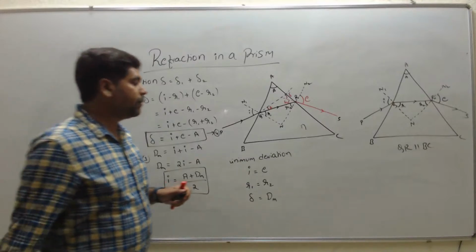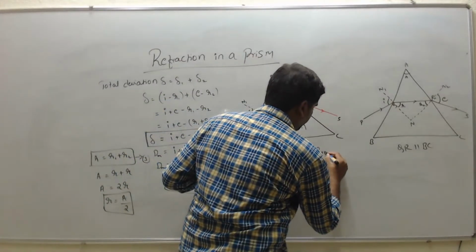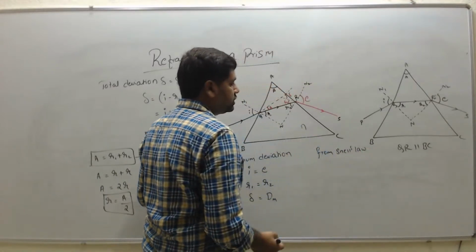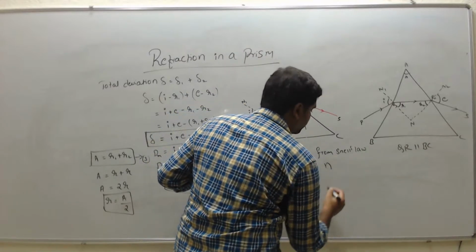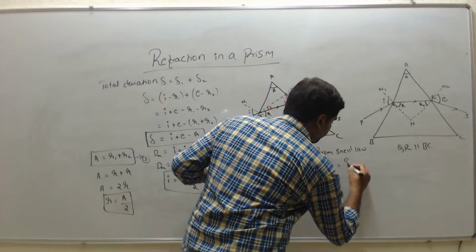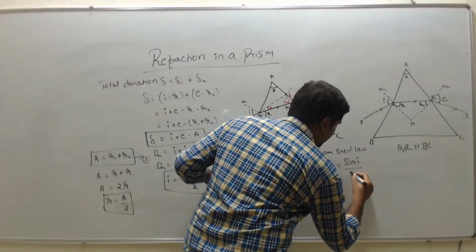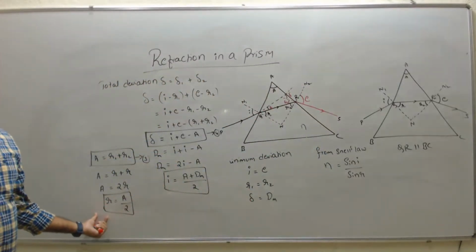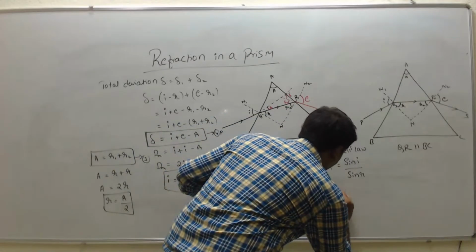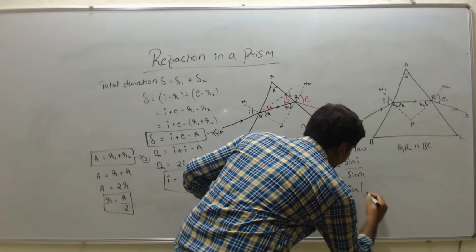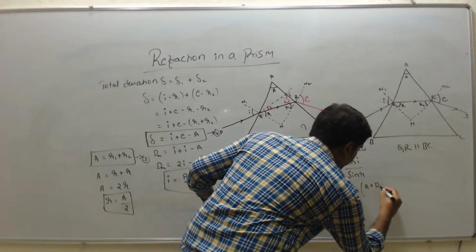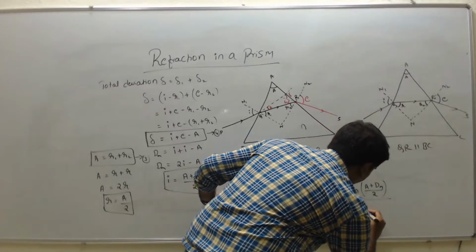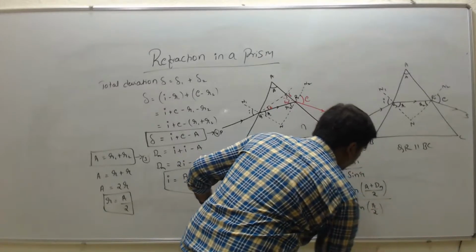Then from Snell's law, refractive index of the medium is equal to sin I by sin R. We have the value of I and we have the value of R. We substitute here, we get n is equal to sin of A plus dm divided by 2 whole divided by sin of A divided by 2.